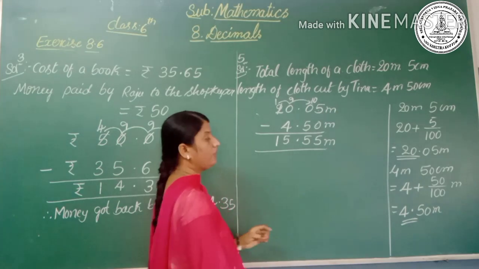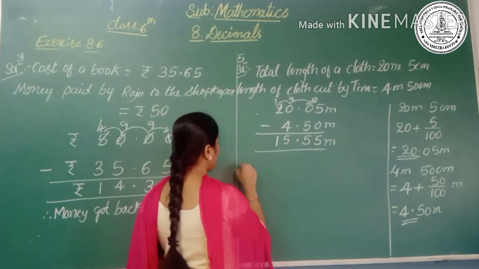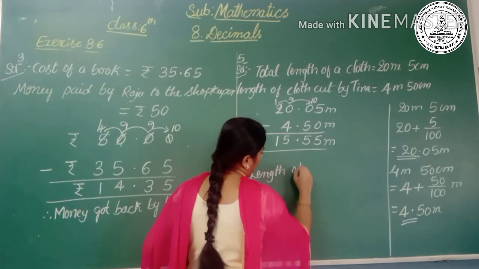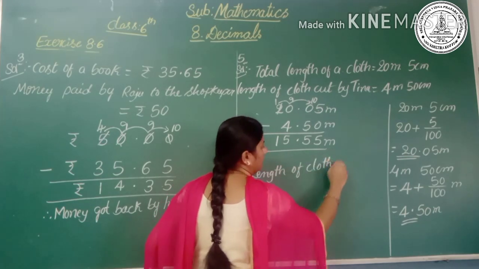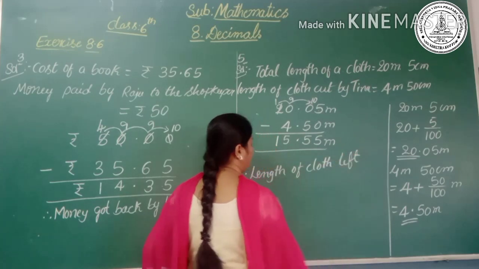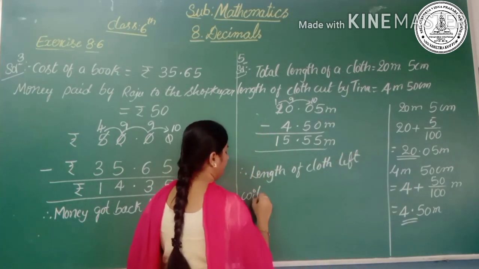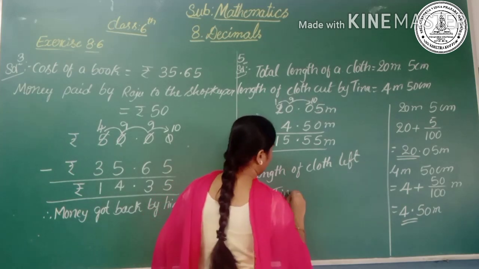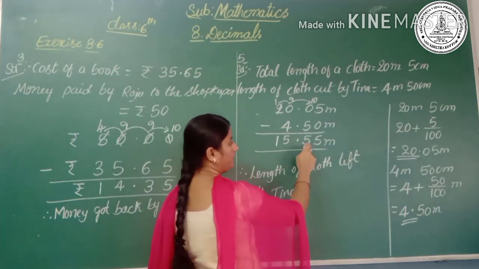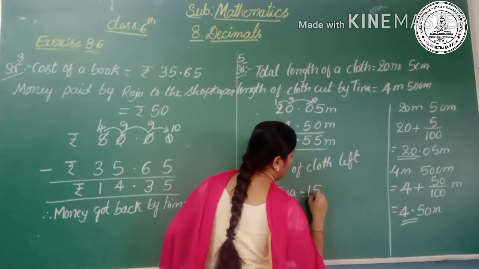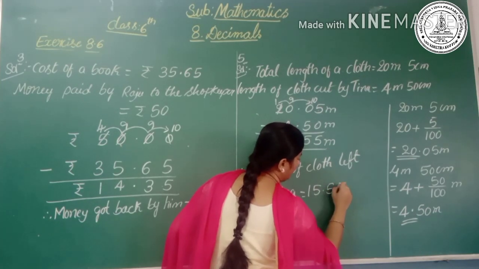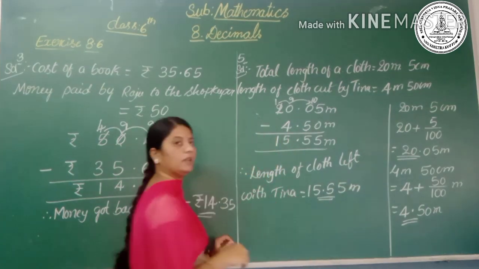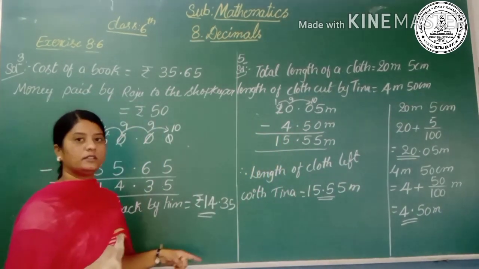Therefore, length of cloth left with Tina is equal to 15.55 meter. Okay. Is it clear? Yes.